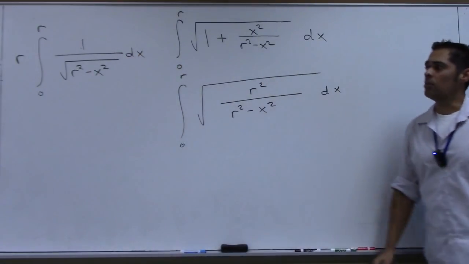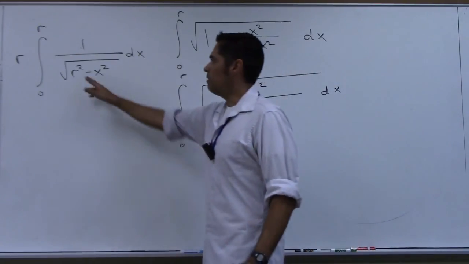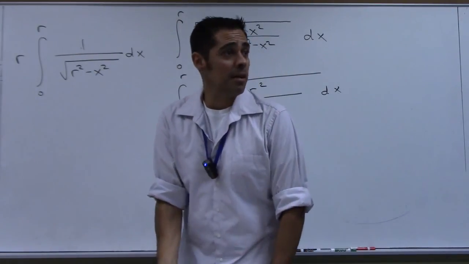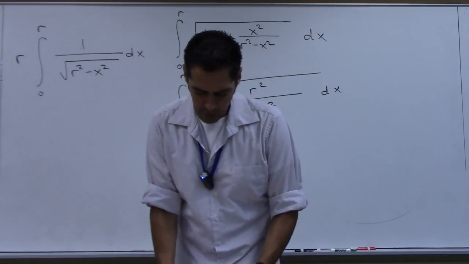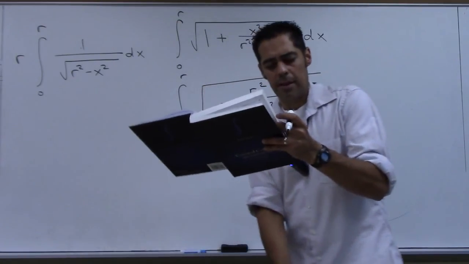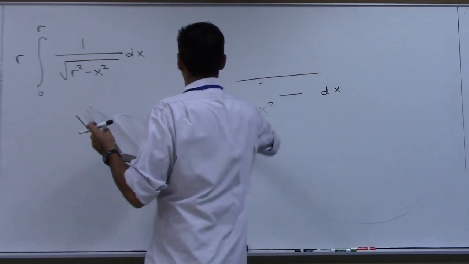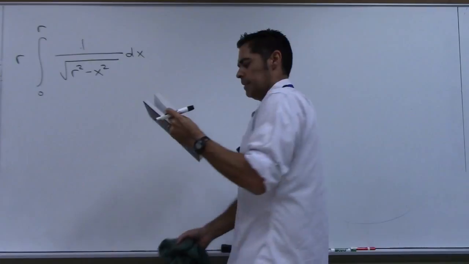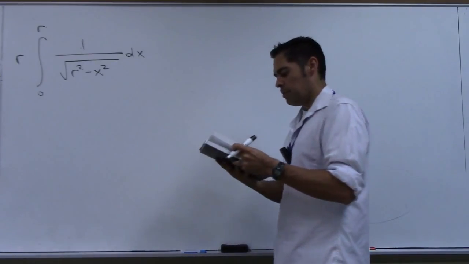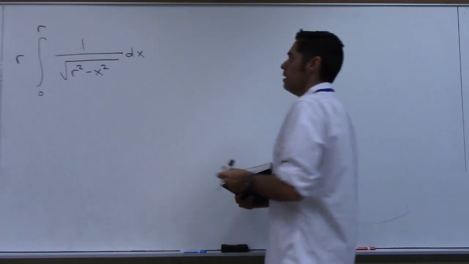How would you do that integral? Trig sub. Right? R is a constant. But we probably have a formula for this, don't we? Let's go to the formula. What formula is this? Is it on our sheet somewhere? It's formula number 16.